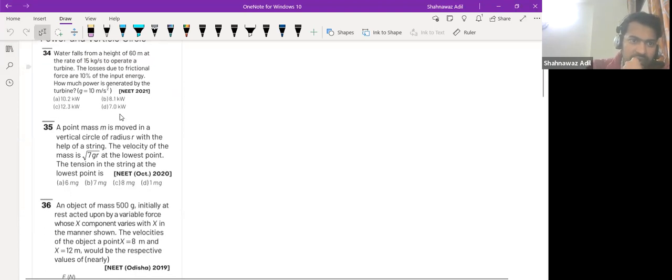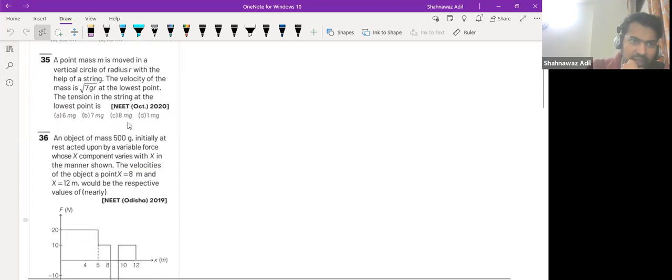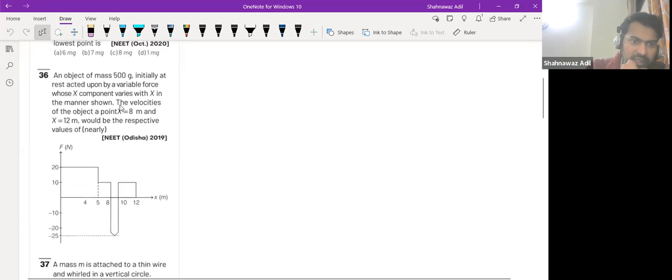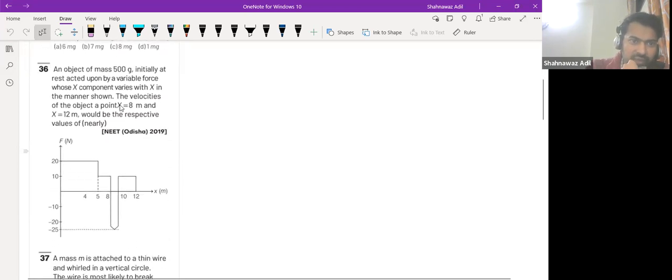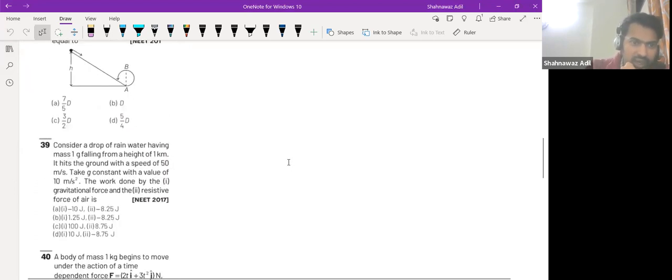This is from power. This question is from vertical circle. This question is from work energy. But this is graphical.